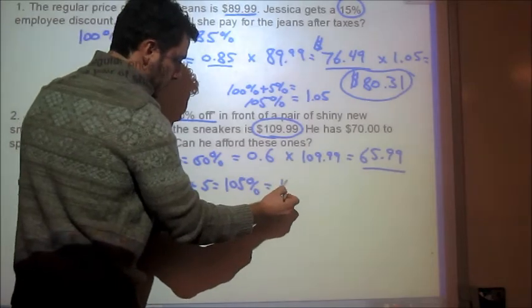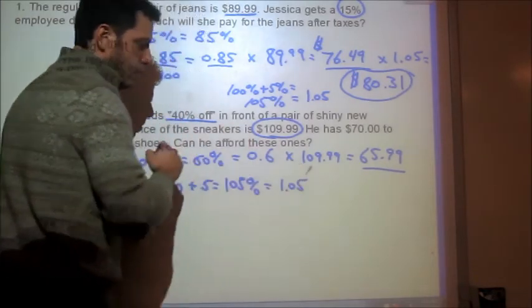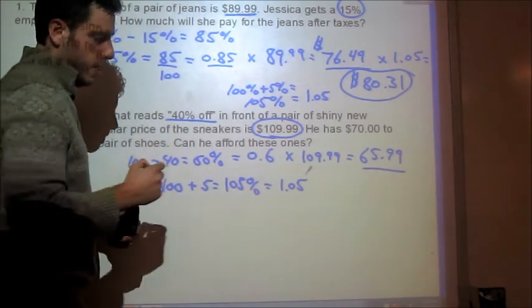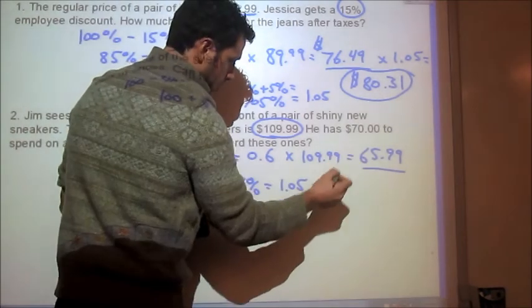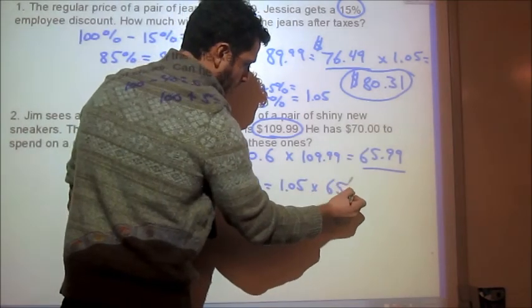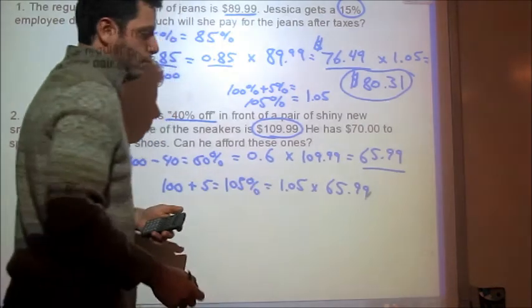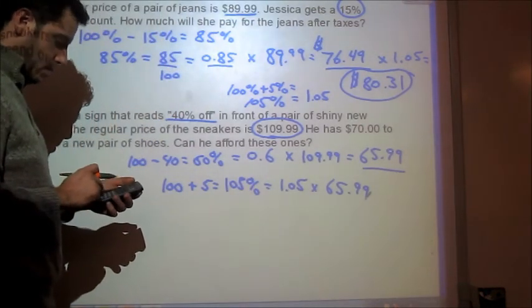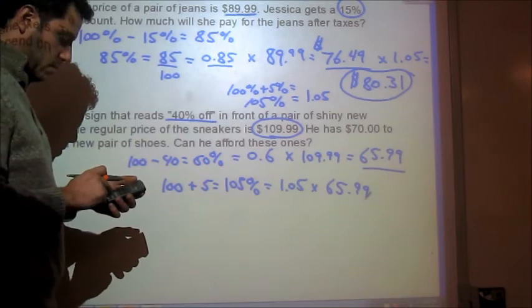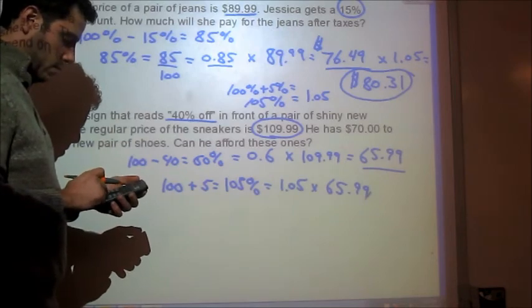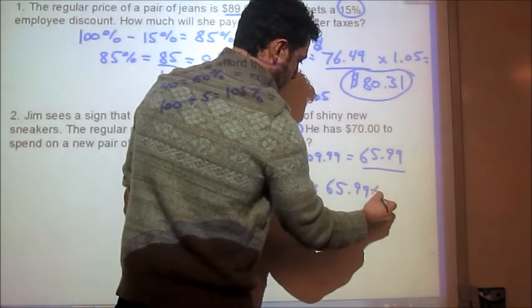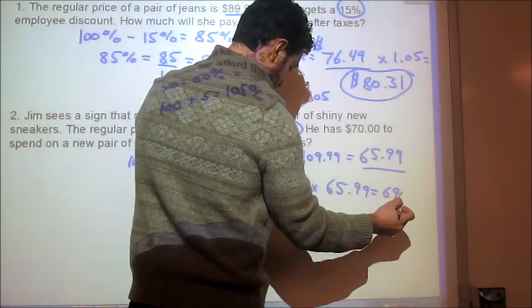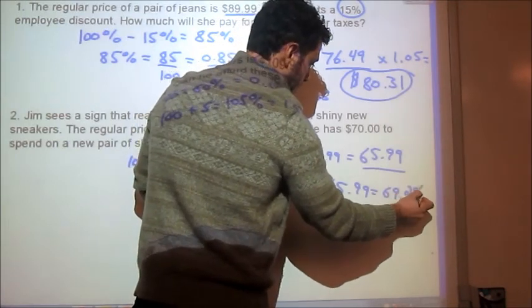So convert that into a decimal, and then multiply that by the new discounted price, and see if he can afford it. $69.29.